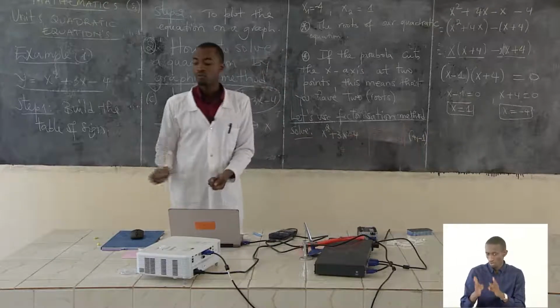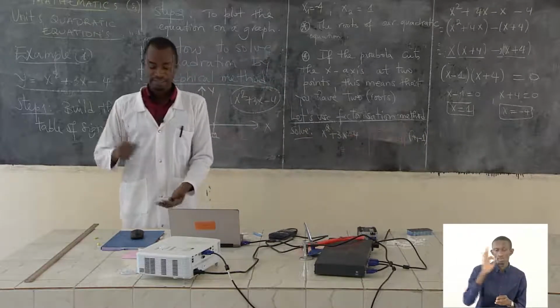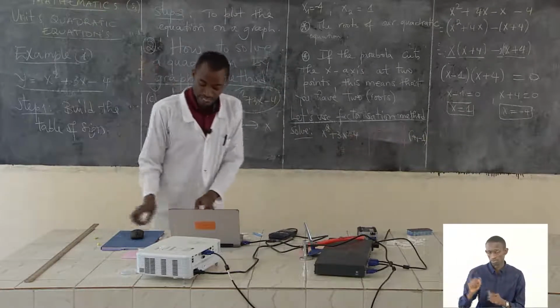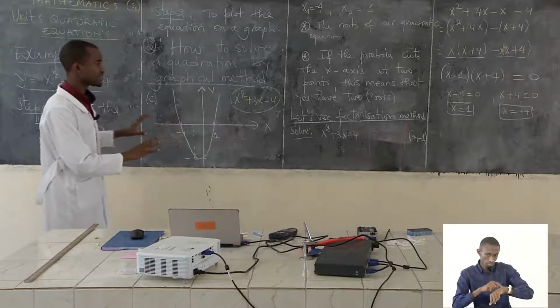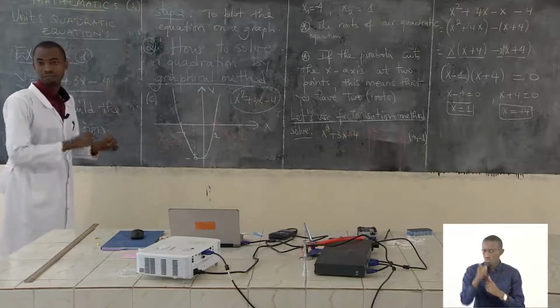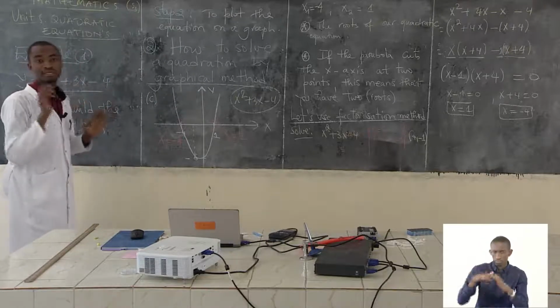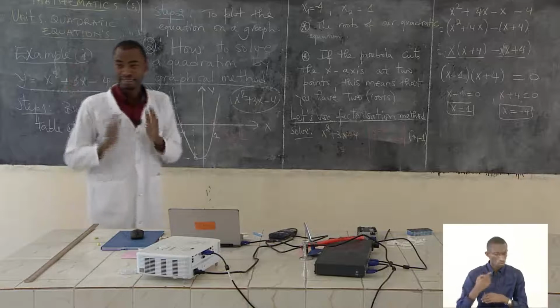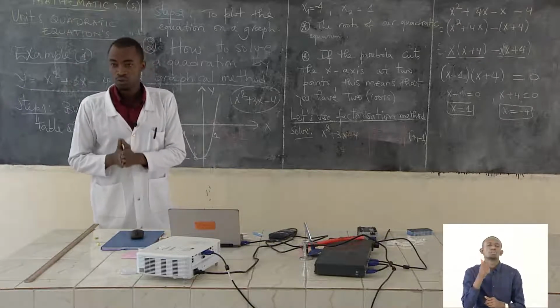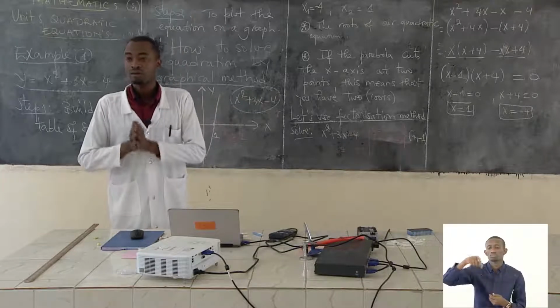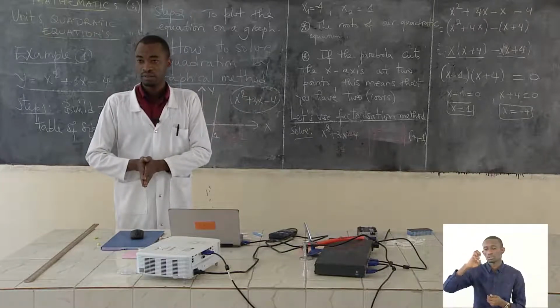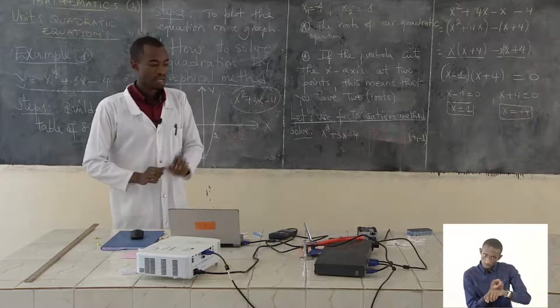It means we were correct with the first answer we had. Let's now have a few seconds. You copy this, and after copying, we are going to go to the next example so that you can understand better how to solve a quadratic equation by using the graphical method.